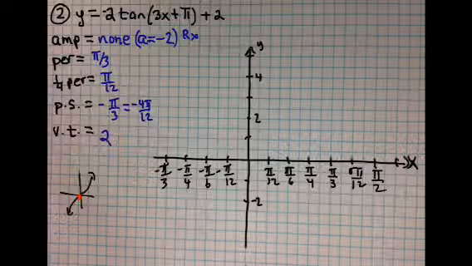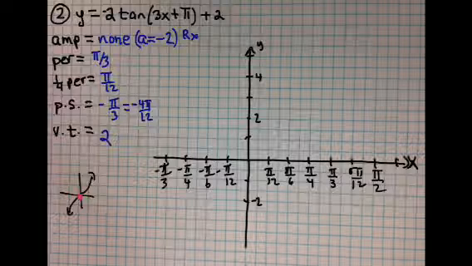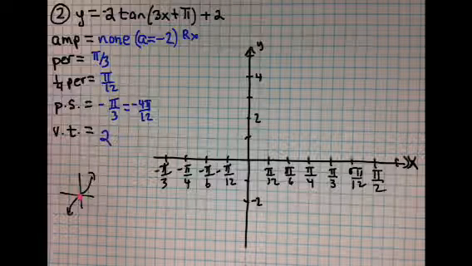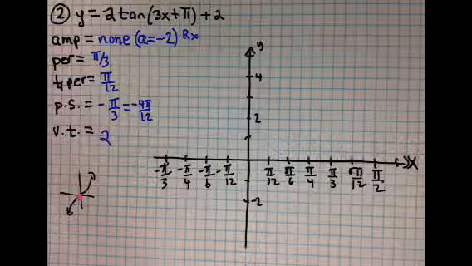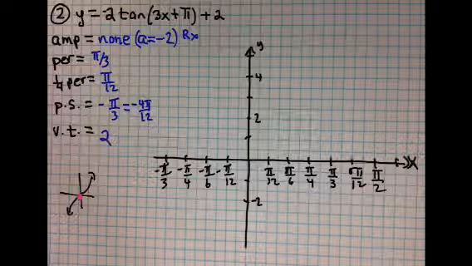And so everything got shifted to the left. So the 0 that was at 0, 0 is now at negative pi over 3. Sorry, right here. It's now right here.